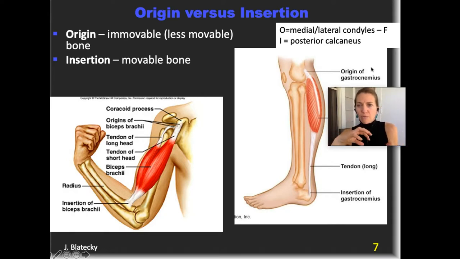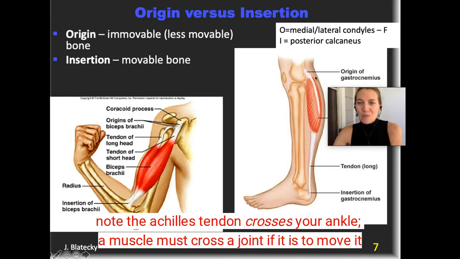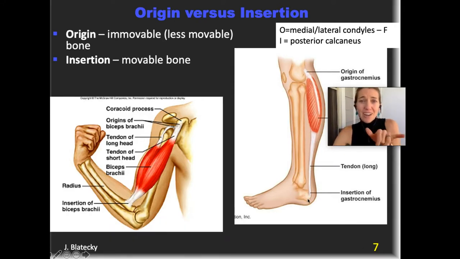What's really moving is in a sense your ankle, but more specifically, this gastroc is pulling on your calcaneus, on this heel bone, if you will. And by pulling on your calcaneus, it plantar flexes your foot. So pointing your toes, if you will. That's really what your gastrocnemius is going to be doing.